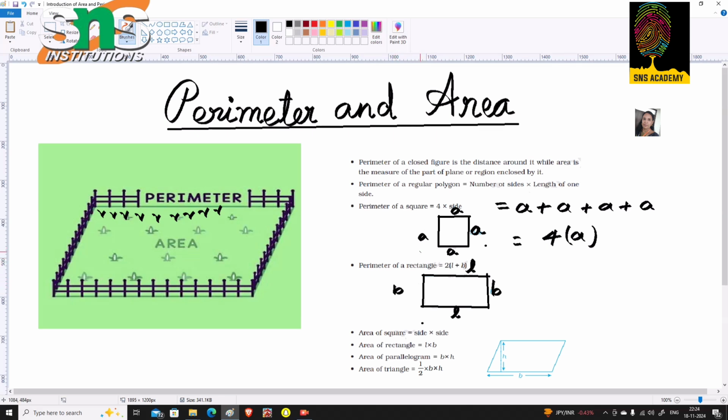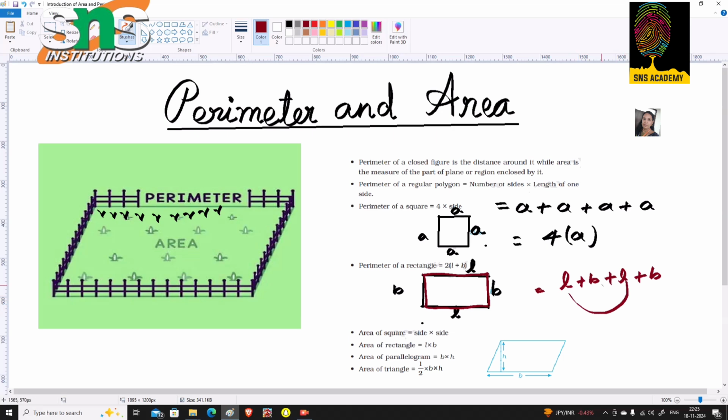So the perimeter stands for boundary or around the field. So just imagine we are going around the field. First we cover L, and then we cover B one time. Again we cover L the second time, and then B a second time.